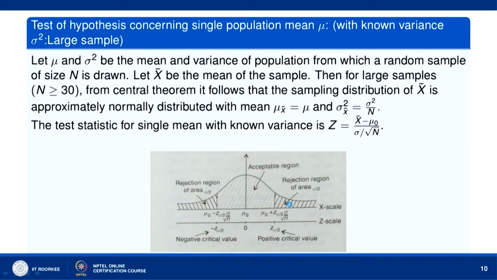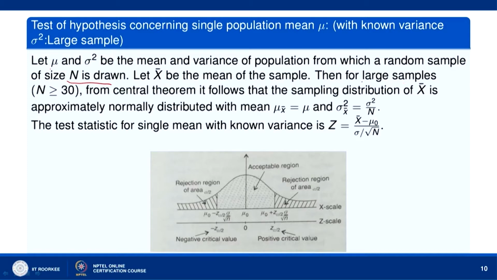Now, let us discuss test of hypothesis concerning a single population mean. Let us consider a single population with mean mu and known variance sigma square. Let mu and sigma square be the mean and variance of the population from which a random sample of size n is drawn. Let x bar be the mean of the sample.